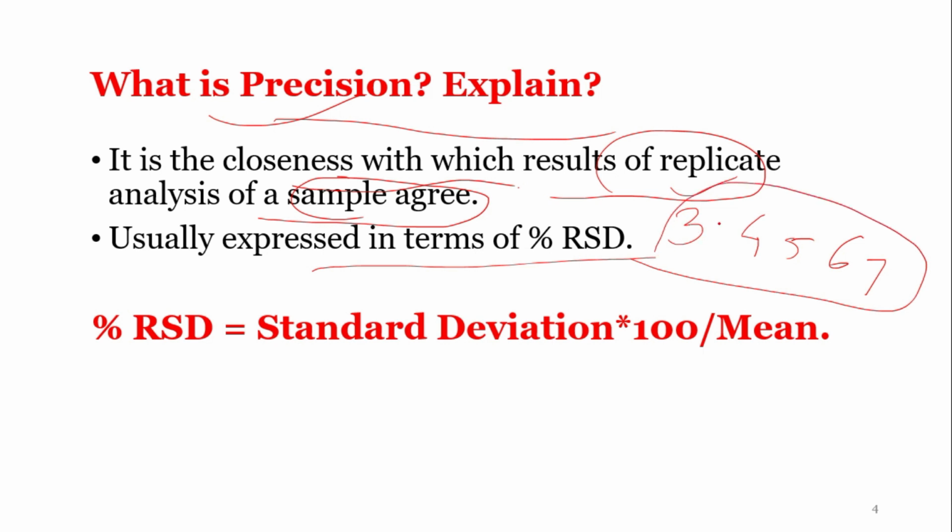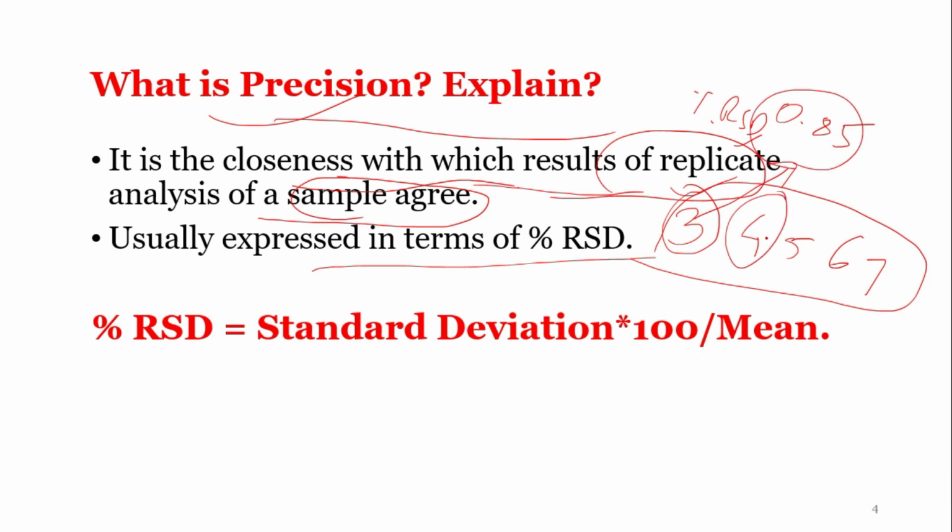Suppose we have our desired criterion of 0.85, then we see how close the results are in the replicates, that is, how close the percentage RSD is to the 0.85.